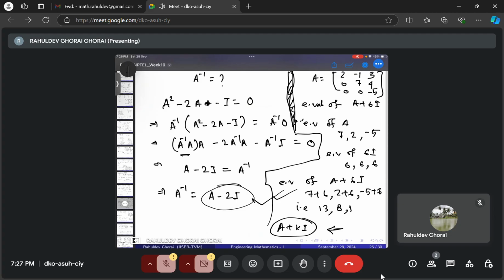Just add k to the eigenvalues of A, and then those will be the eigenvalues of A plus k times I. That is, lambda plus k is an eigenvalue for A plus kI if lambda is an eigenvalue for A.